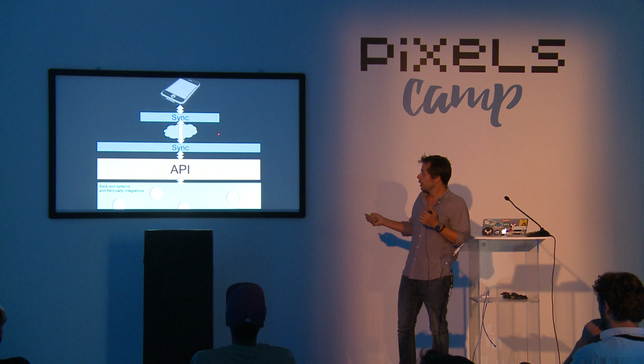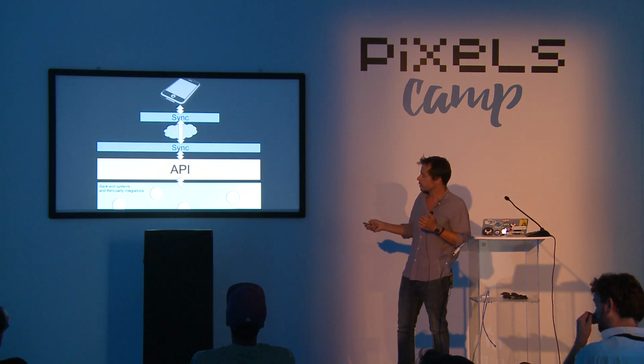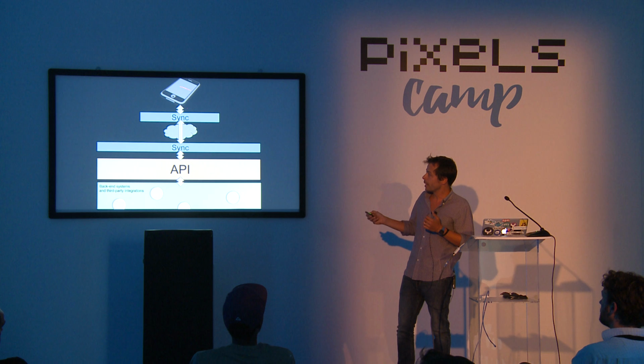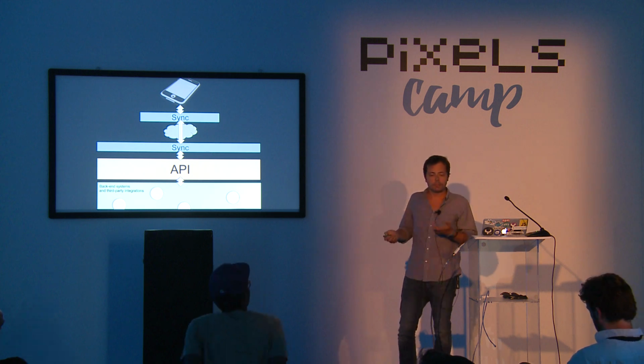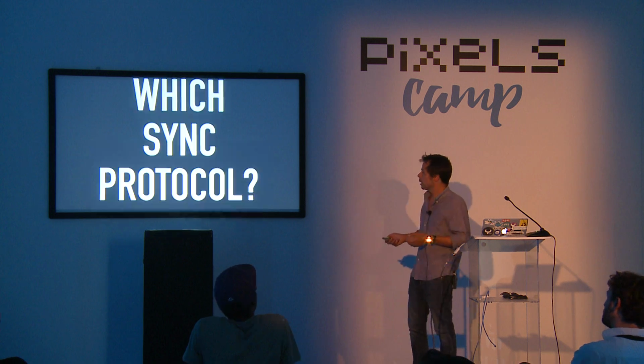So in theory, if we have a sync layer on the client and a sync layer on the backend, they can talk to each other. And if this fails here and then comes back again, the sync layer is able to recover from that automatically, without the application having to be concerned about recovering from those states.